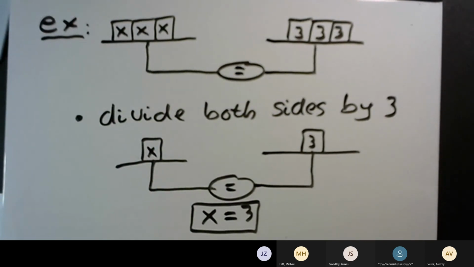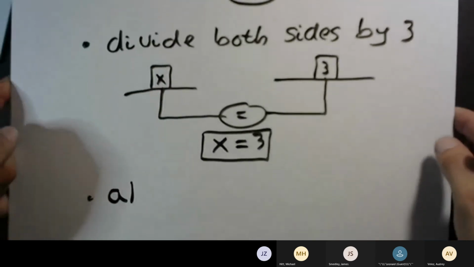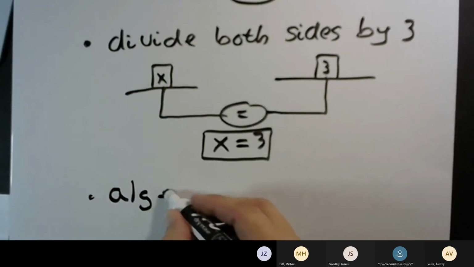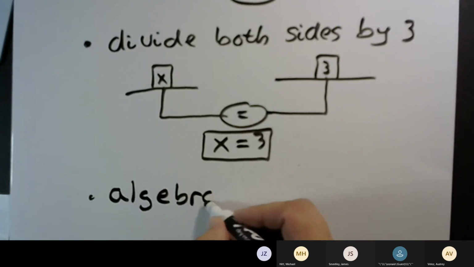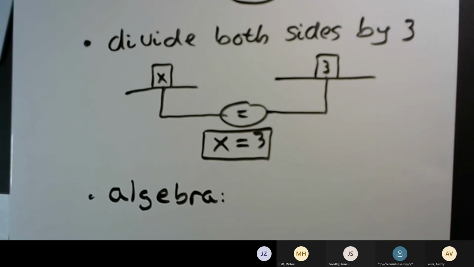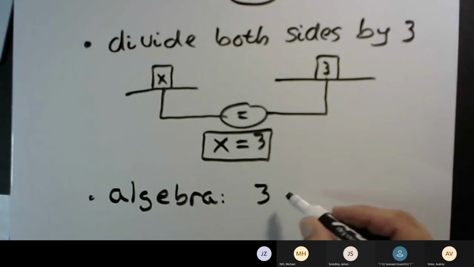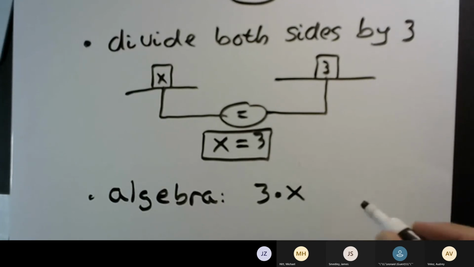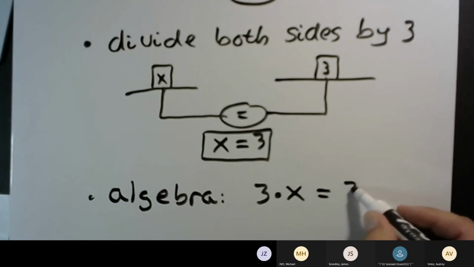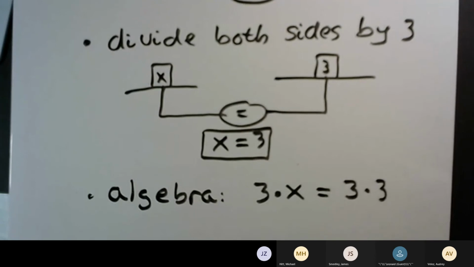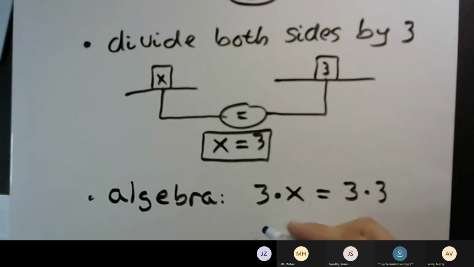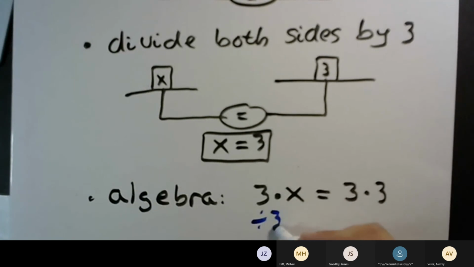So how does this look in algebra? Well, in algebra, this is 3 times x equals 3 times 3. So there's 3 x's, 3 3's. We divide by 3.